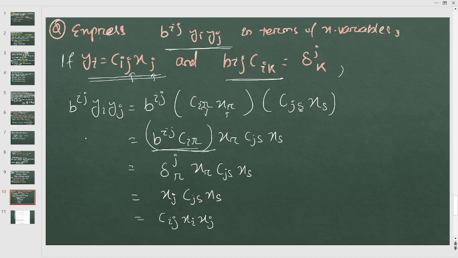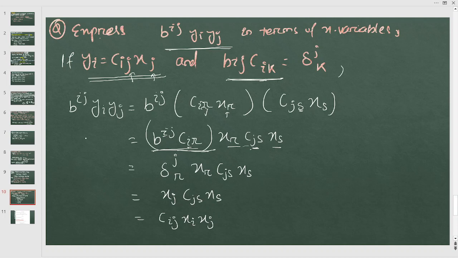Why can I write it like this? See, by the Kronecker delta definition, you can see that for delta jr the index i is the same on both, so you can write it as delta jr, and you are left with xr and cjs xs. And one more thing, here I have written delta jk as this, so you can refer to this also. Why have I written delta jr here? Because bij cik is equal to delta jk. That's why I have written it like this. And next you have xj.